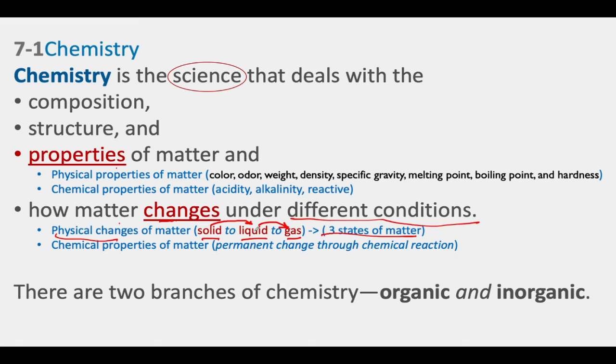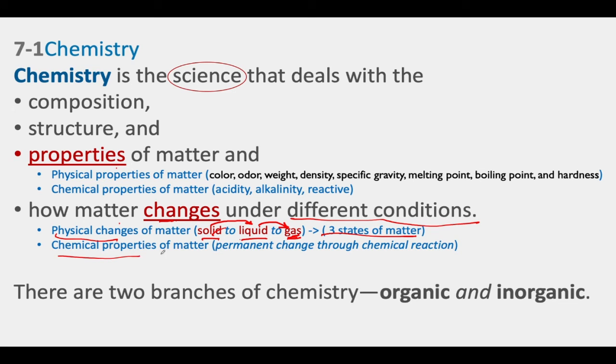And water is a great example of that. Ice will become liquid water, and then that liquid water will become gas. And there is no change in that water. Water is water when it's solid as ice, and when it's a liquid, it's still water, and when it is steam, it's still water. So there's no change in the water.